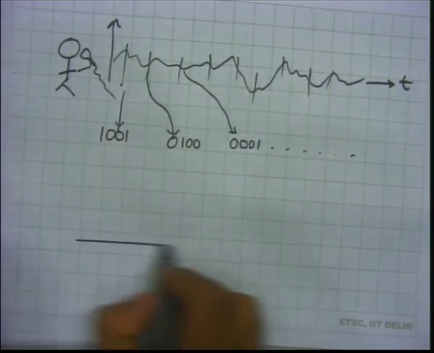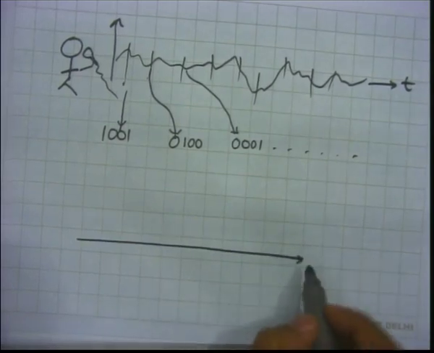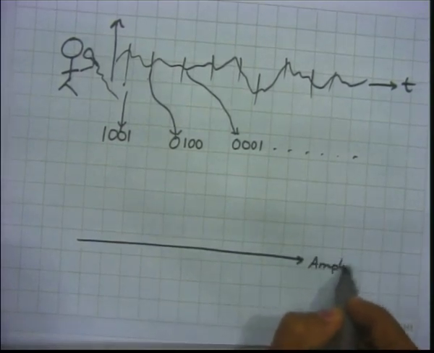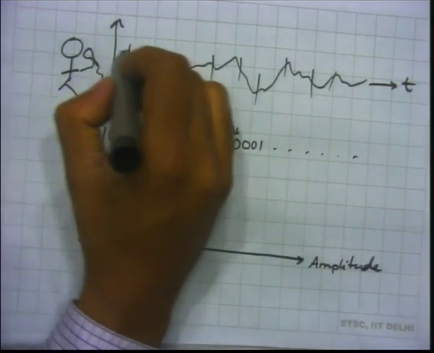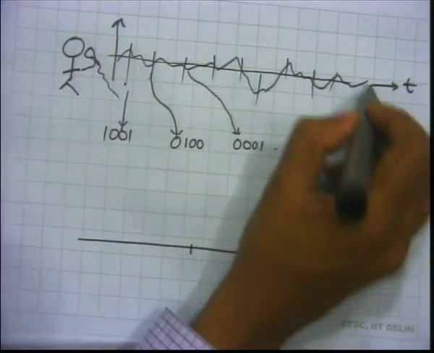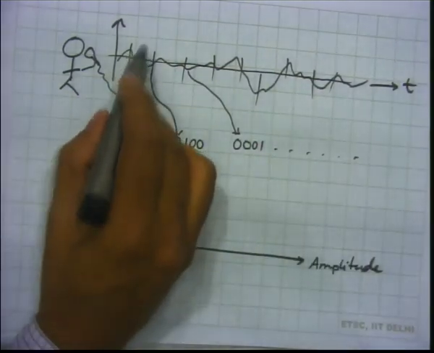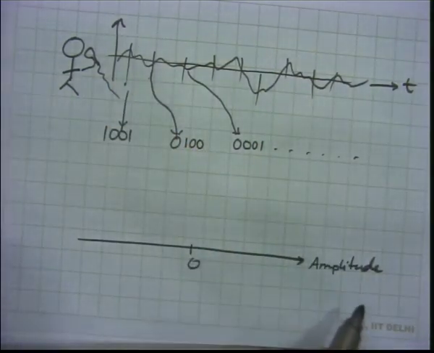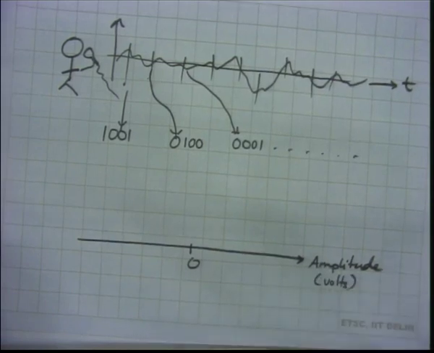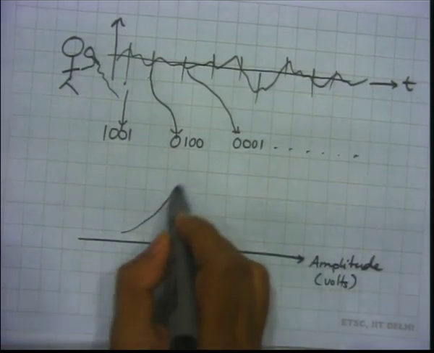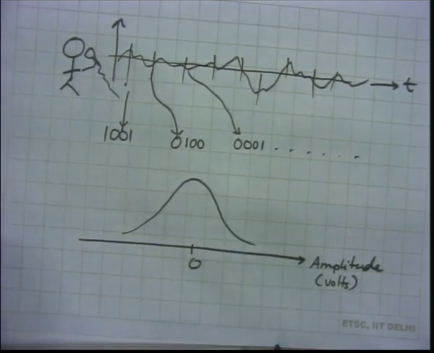Why do not we form a histogram of amplitude? It jumps above 0 and below 0, and this is my 0, and this amplitude could be in volts, and we can possibly have a distribution.